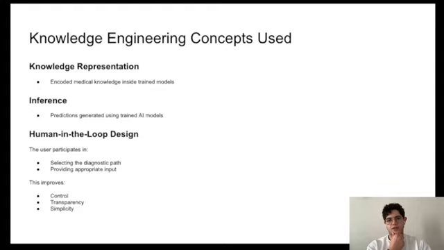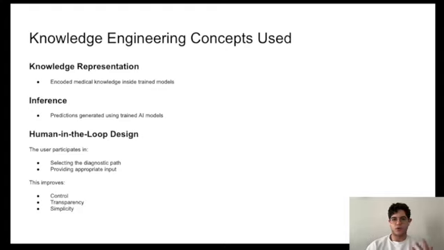We've talked about the knowledge engineering concepts that we use. We have encoded medical knowledge inside trained models, so our knowledge is represented in a knowledge-based fashion. The inference happens through predictions generated by these trained AI models, whether it's the logistic regression or the CNN.